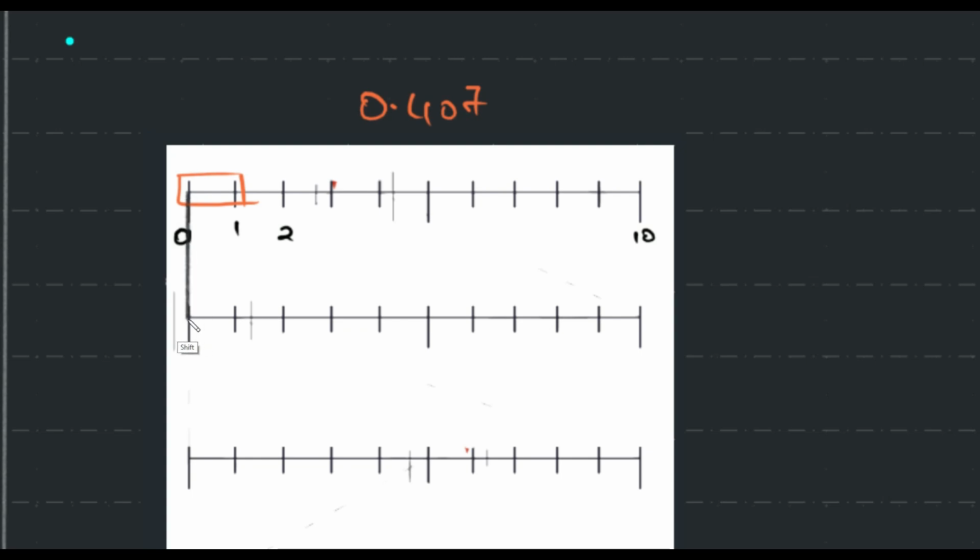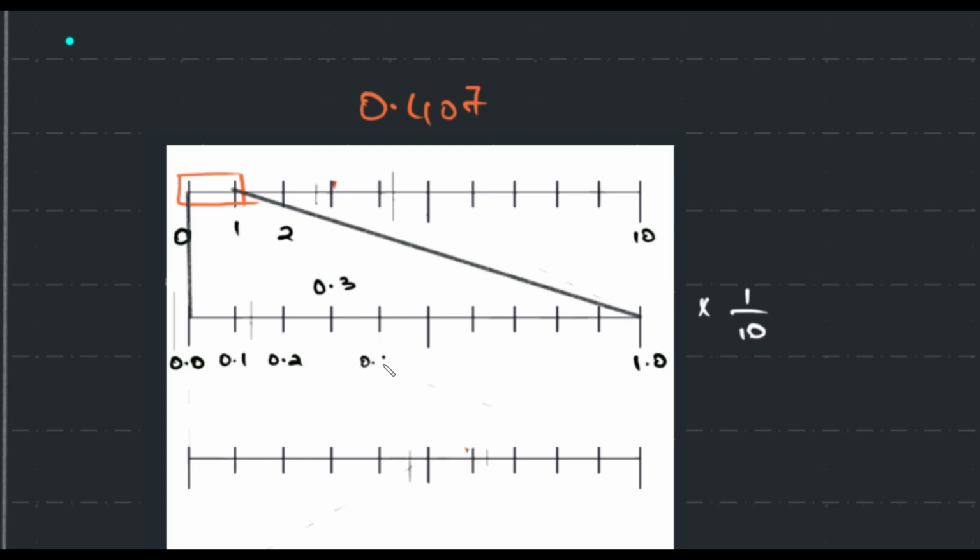So we are zooming into 0 and 1. So we have 0 and 1. Next, this is a space of 0.0 to 1.0. This is our first division with 10. Okay, so we are looking at, I think we start off this way only, right? Yeah. 0.0, 0.1, 0.2, this is 0.3, 0.4 and 0.5.